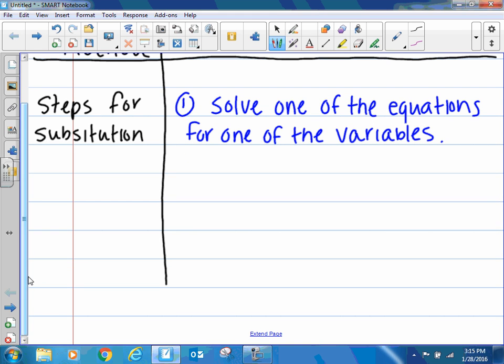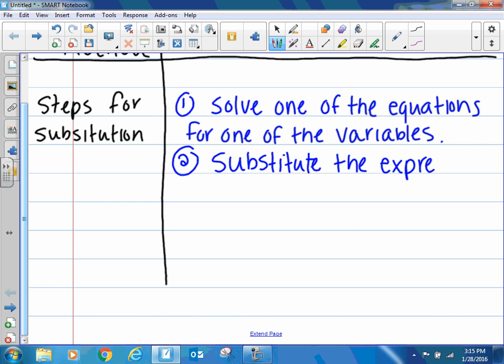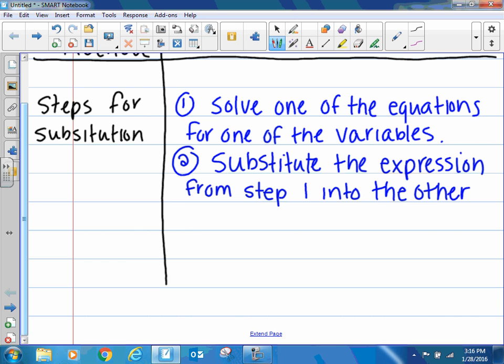The second step, we're going to substitute, hence where the name came from, the expression from step one into the other equation and solve for the other variable.